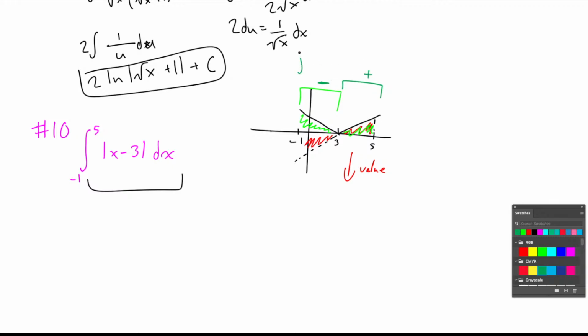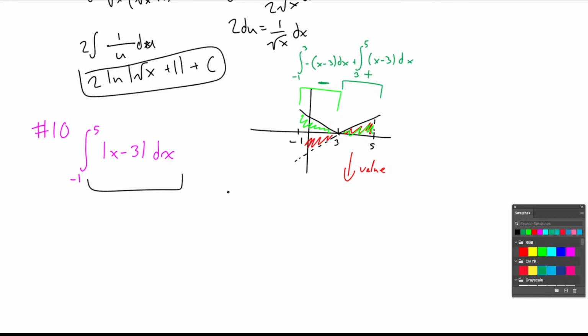So one integral would go from -1 to 3 of negative (x minus 3) dx plus the integral from 3 to 5 of x minus 3 dx. Isn't that crazy? I know. Mind-blowing.